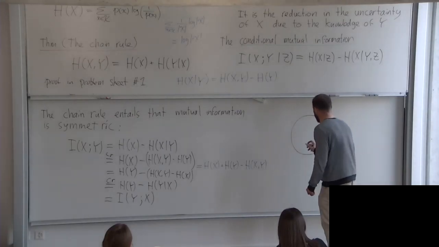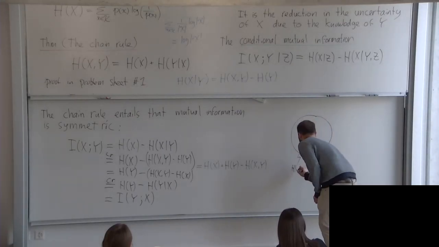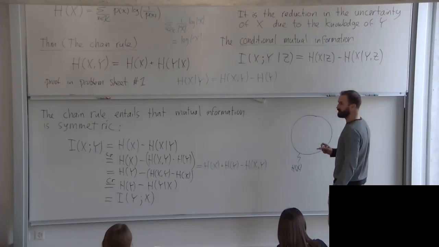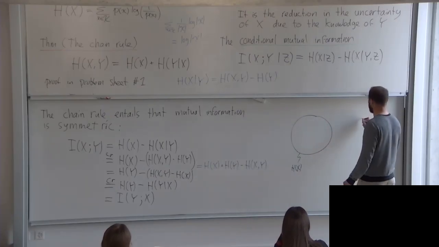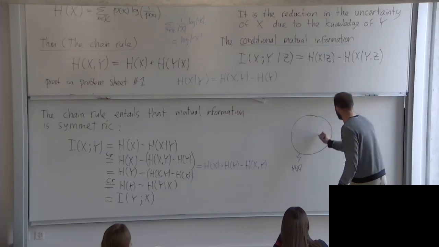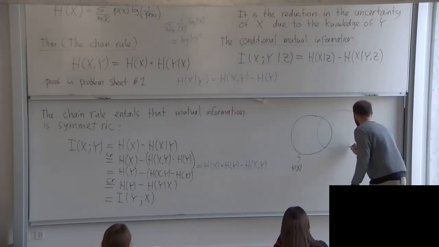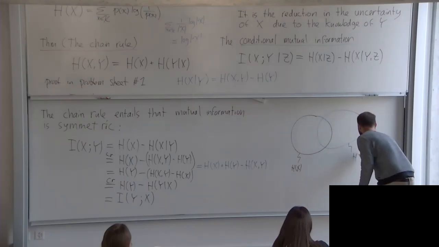So this whole thing would be h of x. And then the uncertainty in my random variable y, this whole thing would be h of y.